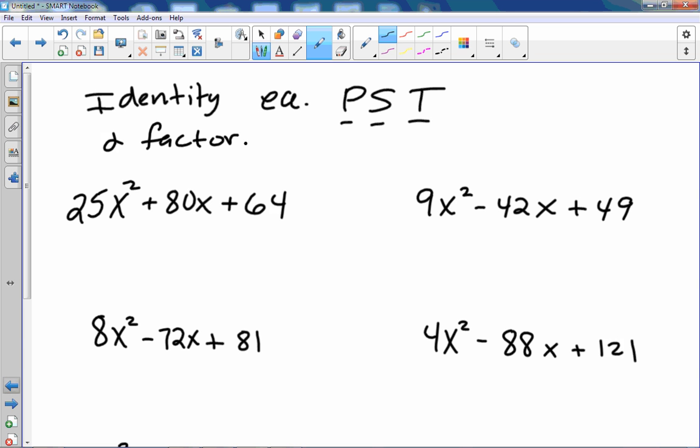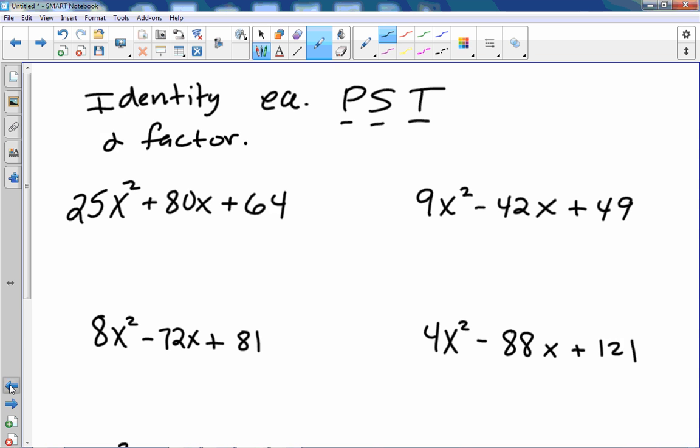But if it's not, for now we're just going to leave it be. We'll just write, hey, it's not a PST. I don't know how to factor that yet. Now, let's look at the first one. The first one is a perfect square trinomial, so we have a nice one to start off with.